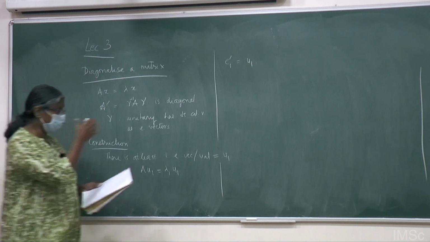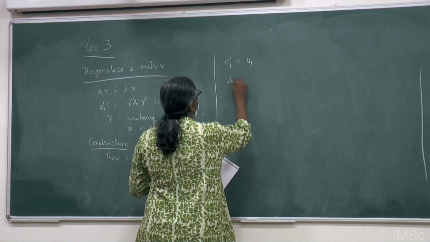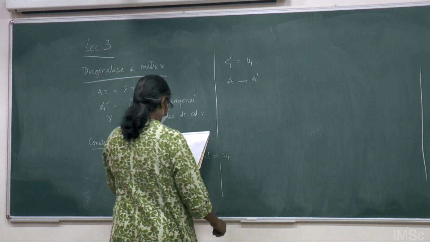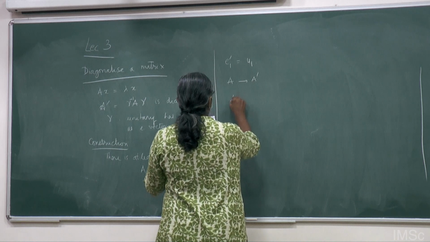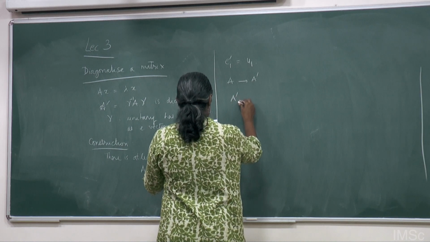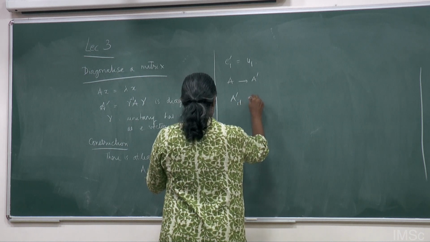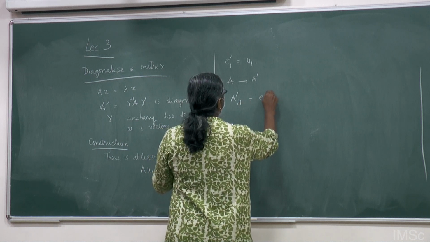So now I transform A goes to A prime, such that A prime E1 is given by this procedure.